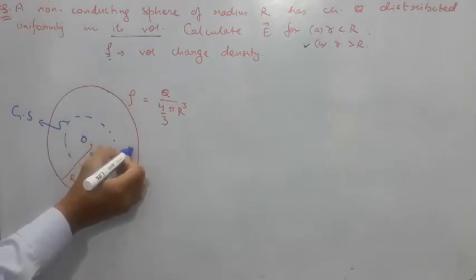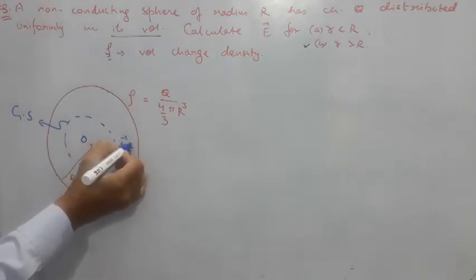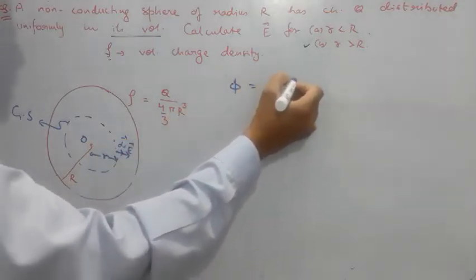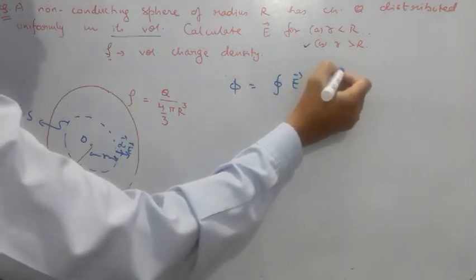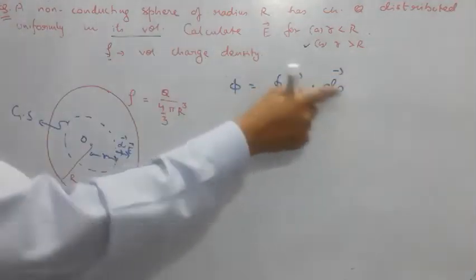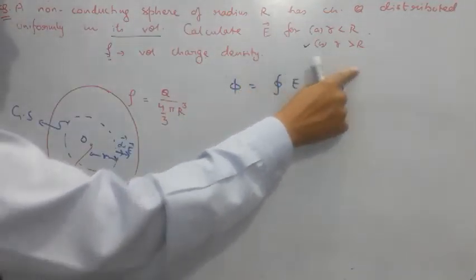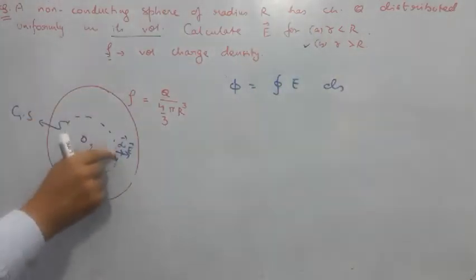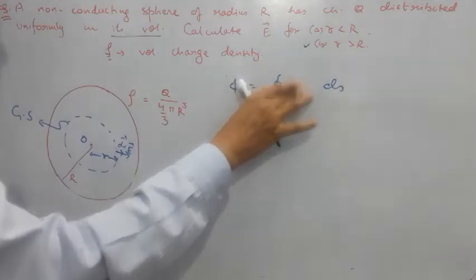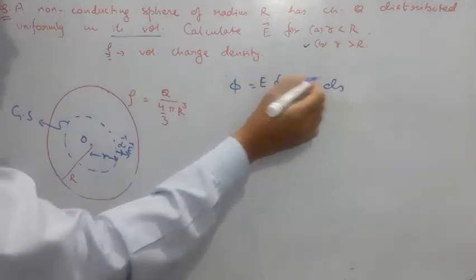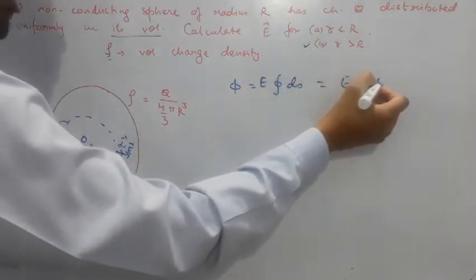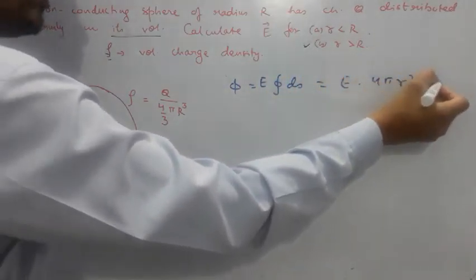The electric field and ds vector will be in the same direction. So the total flux will be integral E dot ds, but they are in the same direction. It becomes E into ds into cos 0. E is constant for all points on the Gaussian surface by symmetry. So E we can take outside the integral and we will be left with integration ds. So it becomes E times 4 pi small r square, equation 1.